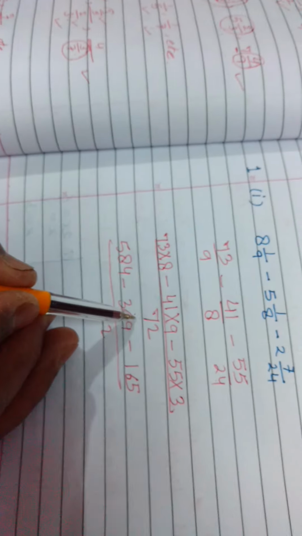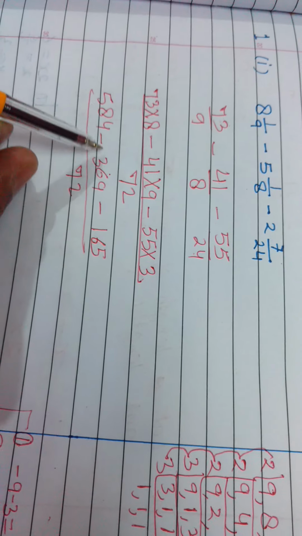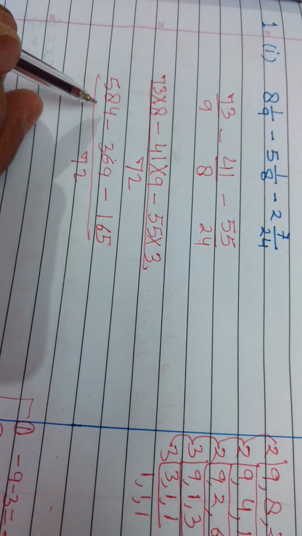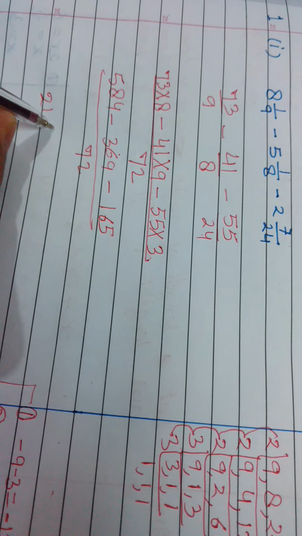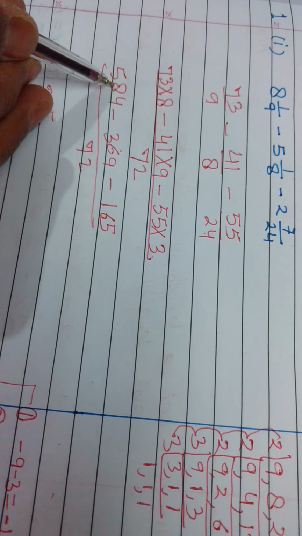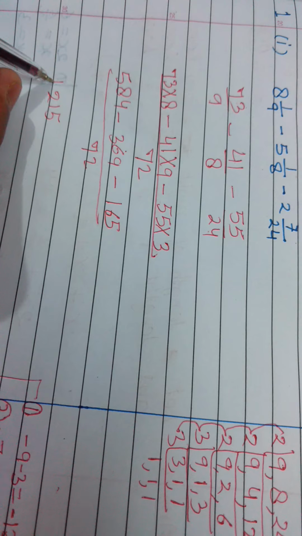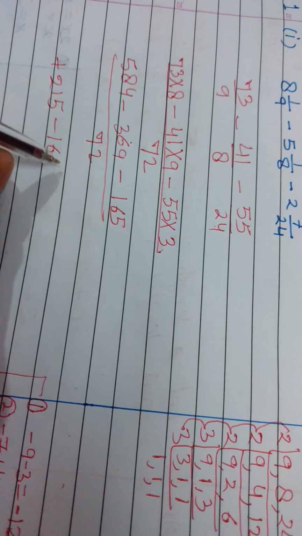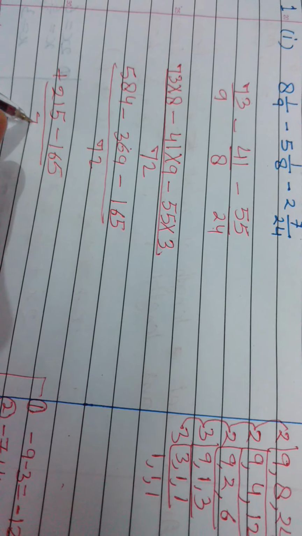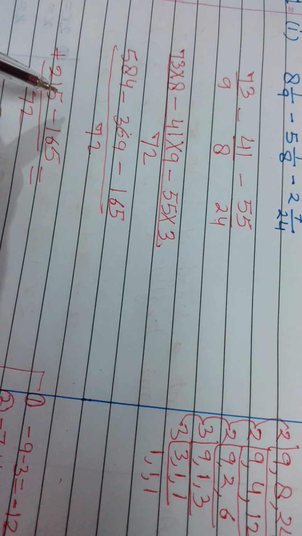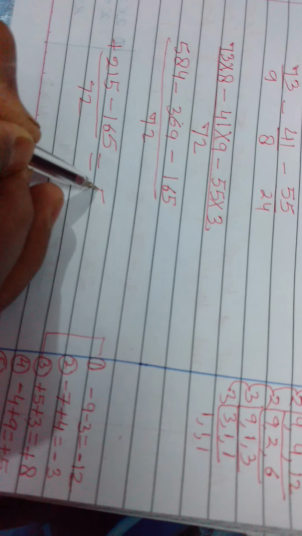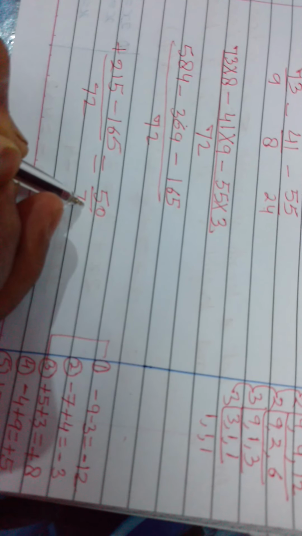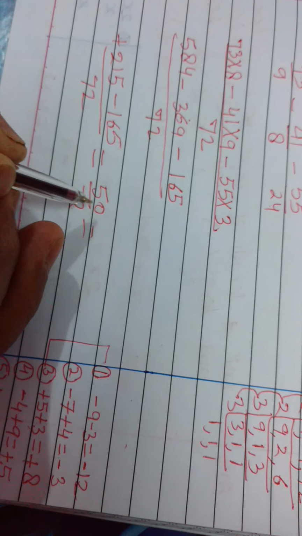These two numbers I am taking, they have different signs, so we subtract. If you subtract these two numbers, it will come 215, and we put the sign of the bigger number. This has no sign, meaning positive, and minus 165 upon 72. This equals, again they are different signs, we subtract. If you subtract, it will come 50 upon 72. And we cancel; always we leave the fraction in the simplest form.